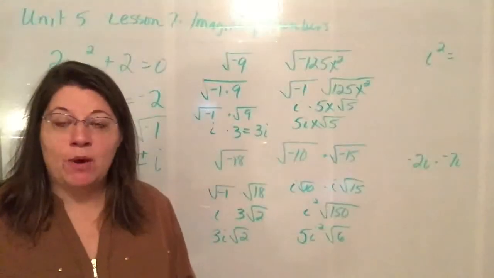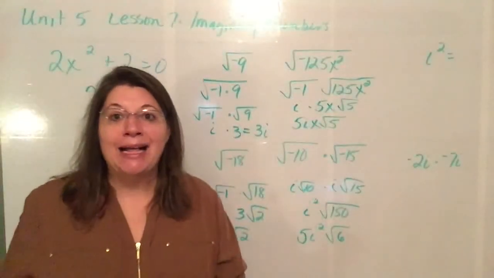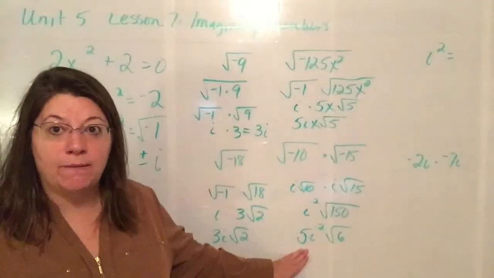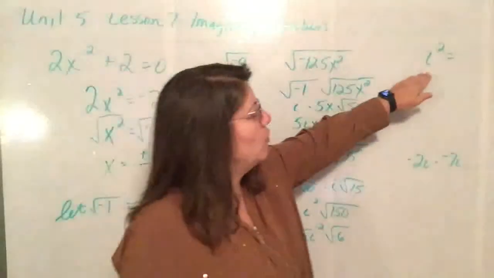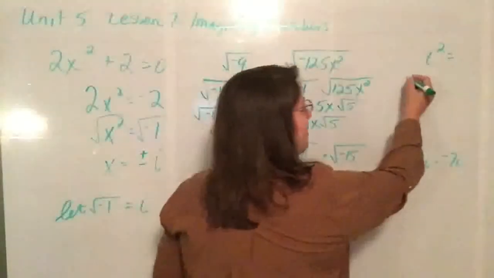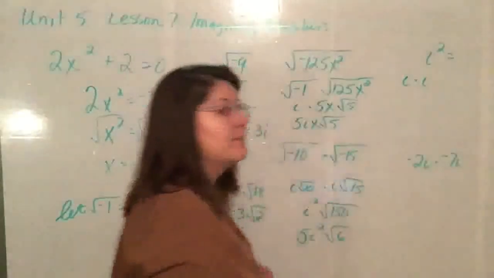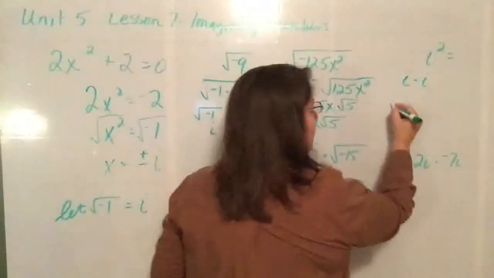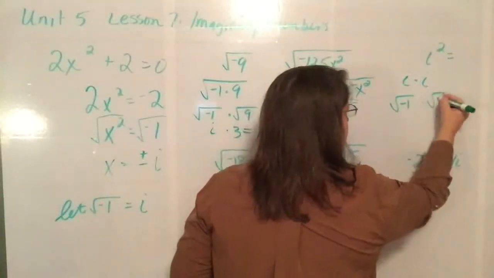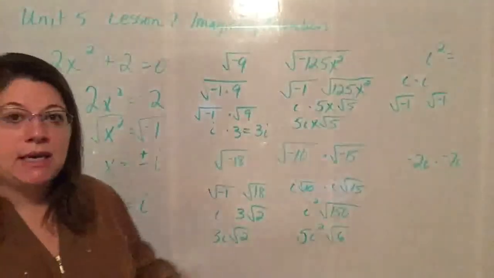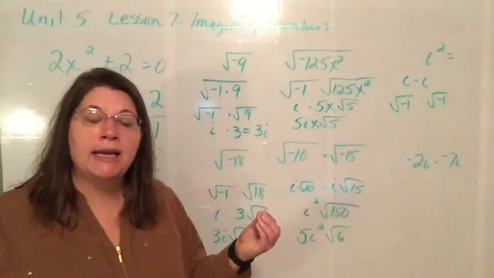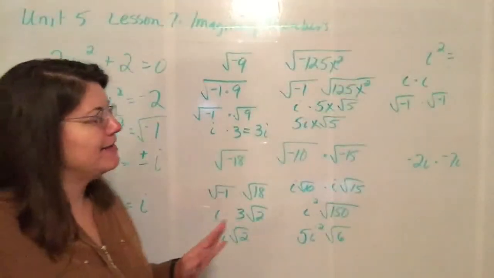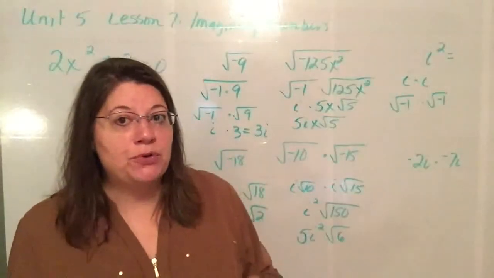Now, we need to talk about what i squared means, because if i is the square root of -1, i squared must have a value as well, okay? So let's go over here, i squared. Understand that i squared is the same thing as i times i. So we know from over here, i is the same thing as the square root of -1, okay? If the square root of -1 is multiplied by the square root of -1, we have to treat that the same way as if we had something like the square root of 2 times the square root of 2.